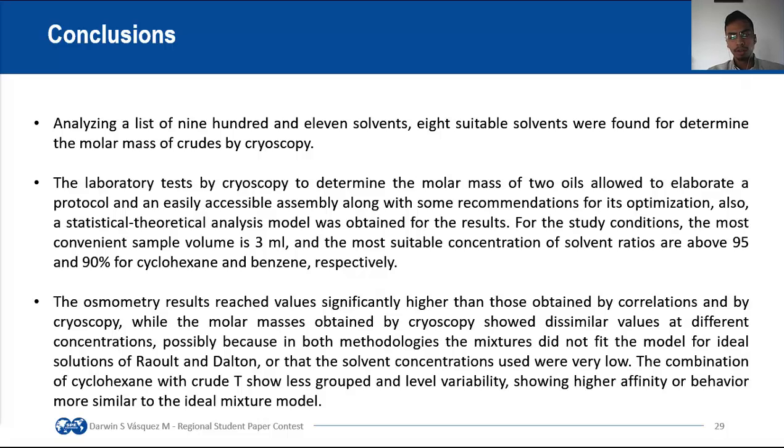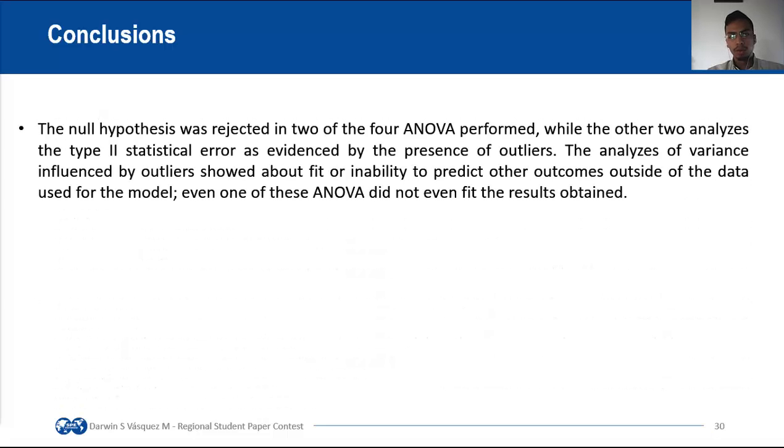The combination of cyclohexane with tea oil shows less group and level variability, showing higher affinity or behavior more similar to the ideal mixture model. The null hypotheses were rejected in 2 of the 4 ANOVA performed, while in the other 2 analyses, a type 2 statistical error occurred, as evidenced by the presence of outliers.